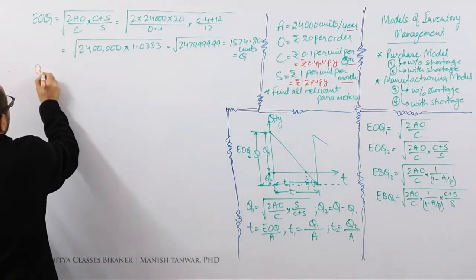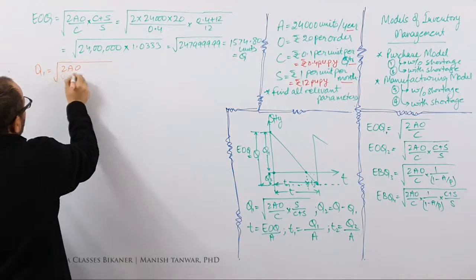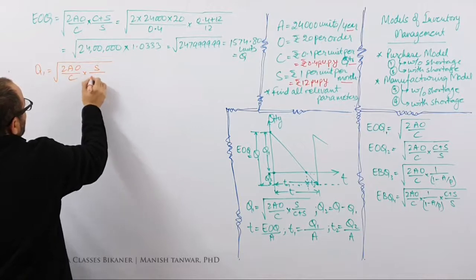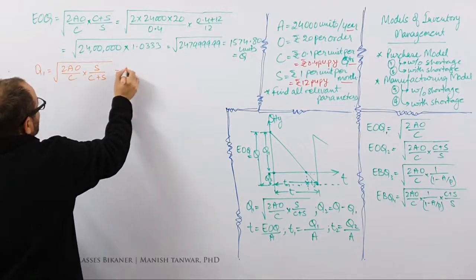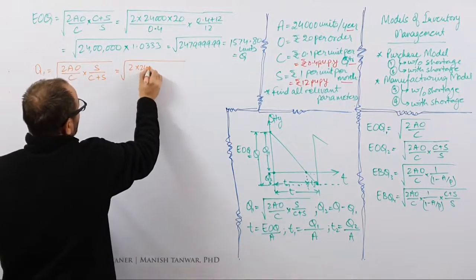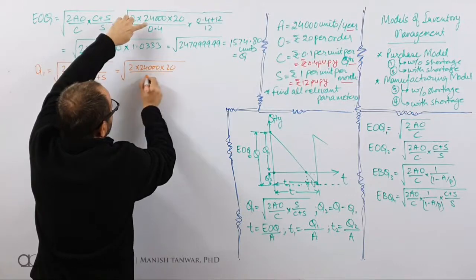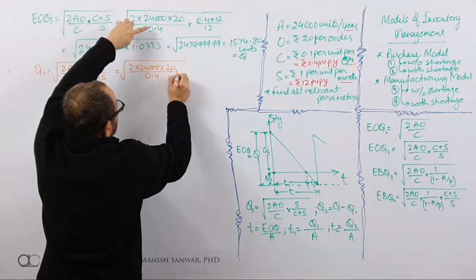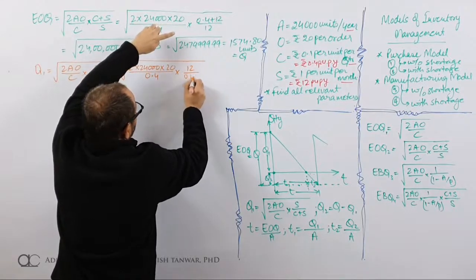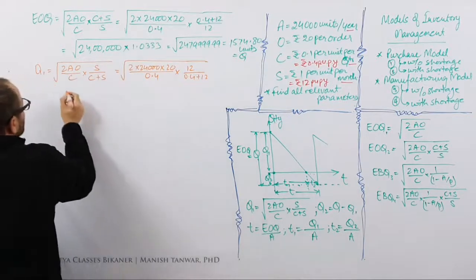Q1 is 2AO upon C with this factor getting reversed, reciprocaled, C plus S. So I will be getting 2AO upon C multiplied by 12 divided by 0.4 plus 12, this factor getting reciprocal.